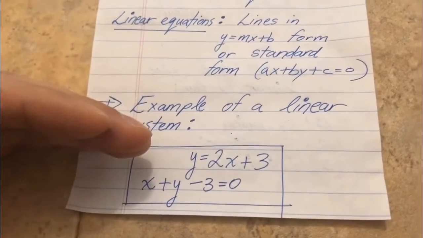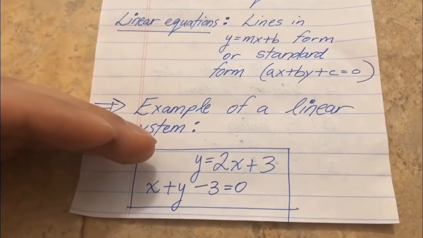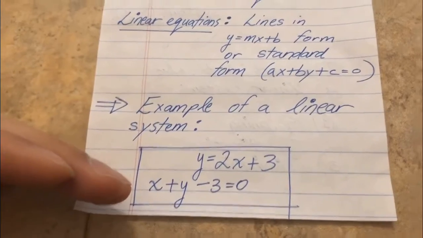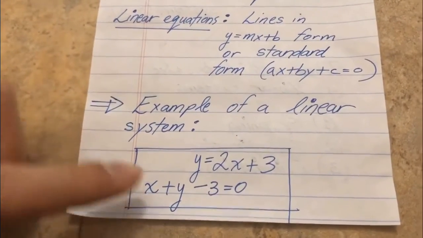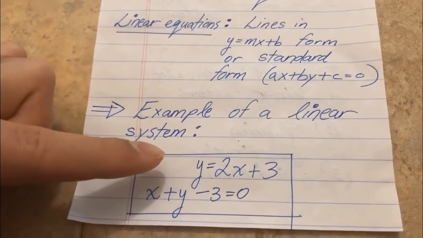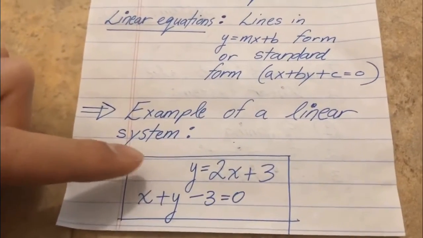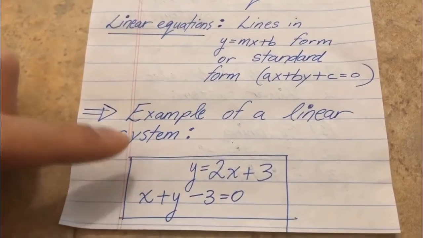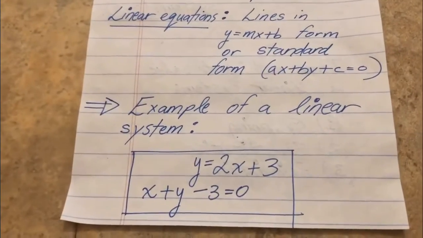Now, I have one in y equals mx plus b form and another in standard form, but I could have had both in standard form. I could have had both in y equals mx plus b form. It doesn't matter. Just as long as I have two linear equations. That's a linear system.